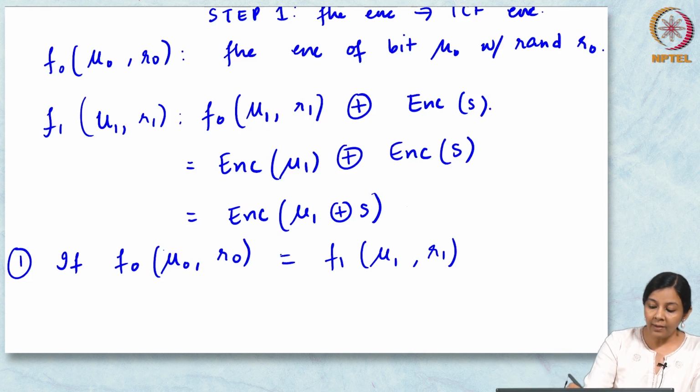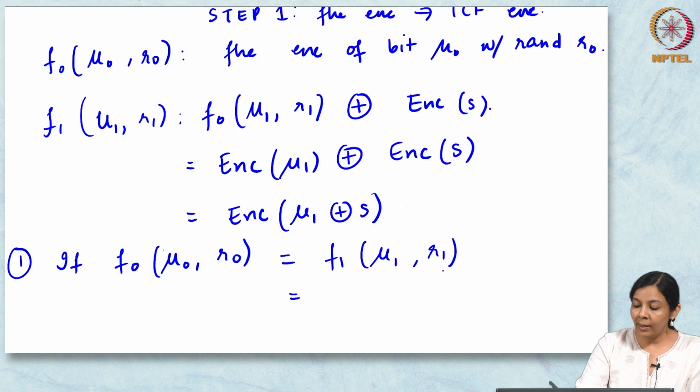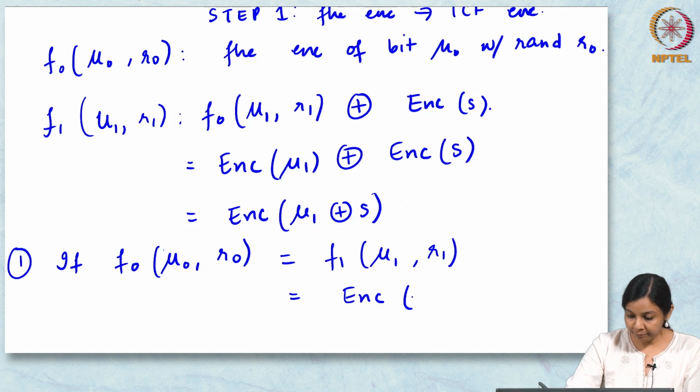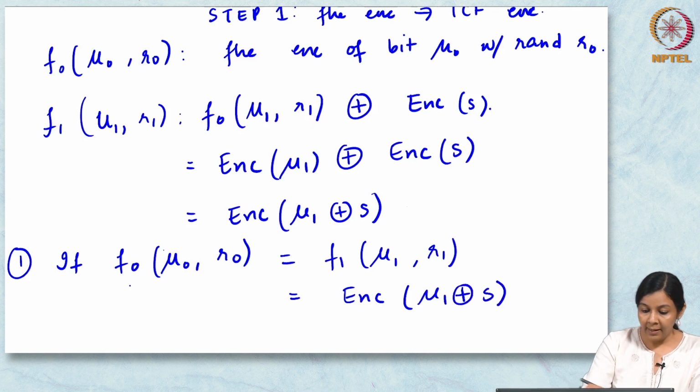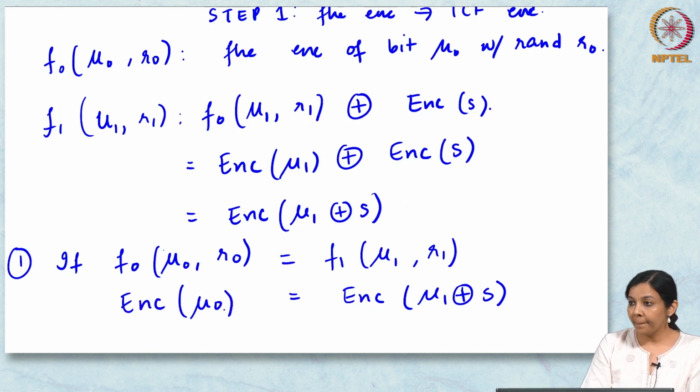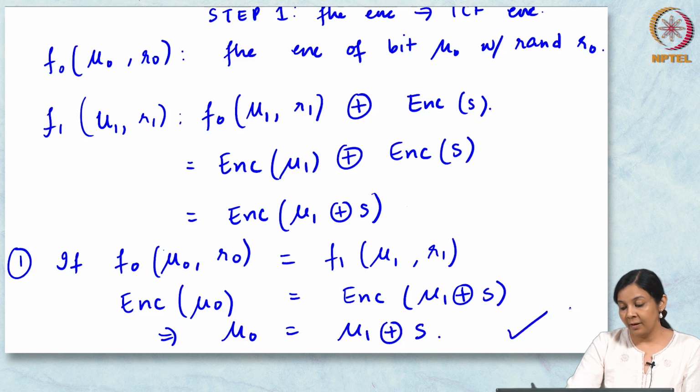So, what is F1 of mu 1, r 1? We have just seen that this is enc of mu 1 XOR S, and the left hand side is just enc of mu 0. So, this implies that mu 0 is equal to mu 1 XOR S. So, I got the first property.